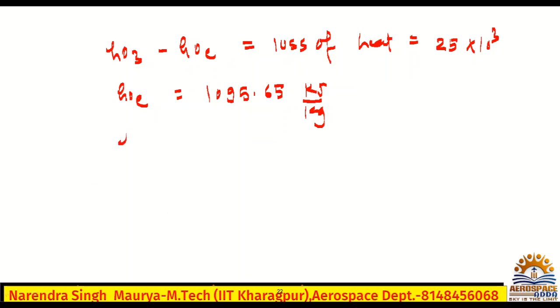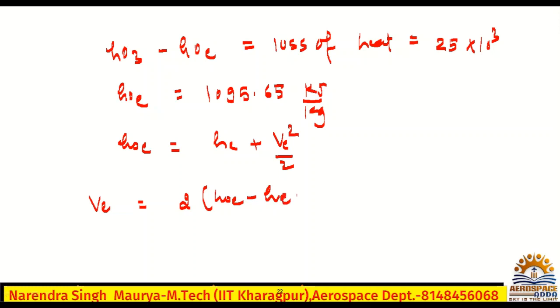Now we know this H naught E is equal to He plus V square by 2. What is the VE? I told you it is root of 2 times H naught E minus He. So H naught E minus, what is the He?